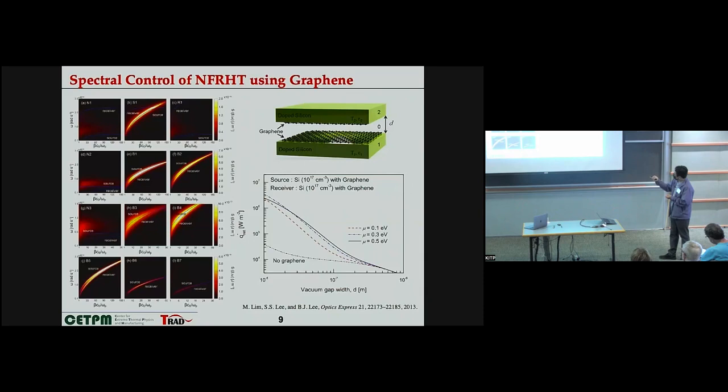And obviously you can see that at the same vacuum gap, with the use of the graphene, we can increase the heat transfer rate. Also, at the same level of heat transfer rate, we can gain the vacuum gap distances using the graphene. So the idea works, and the fundamentals are related to the coupling of the surface plasmon in the doped silicon, as well as the surface plasmon supported by the graphene.